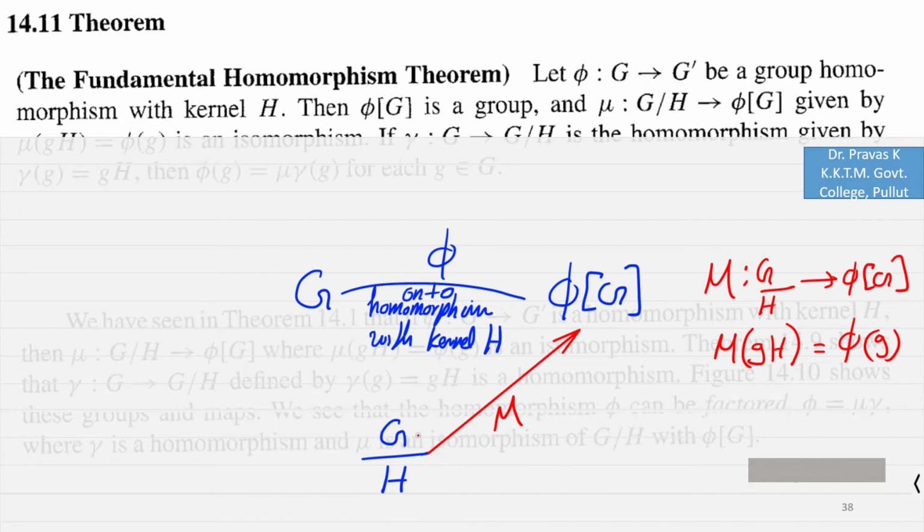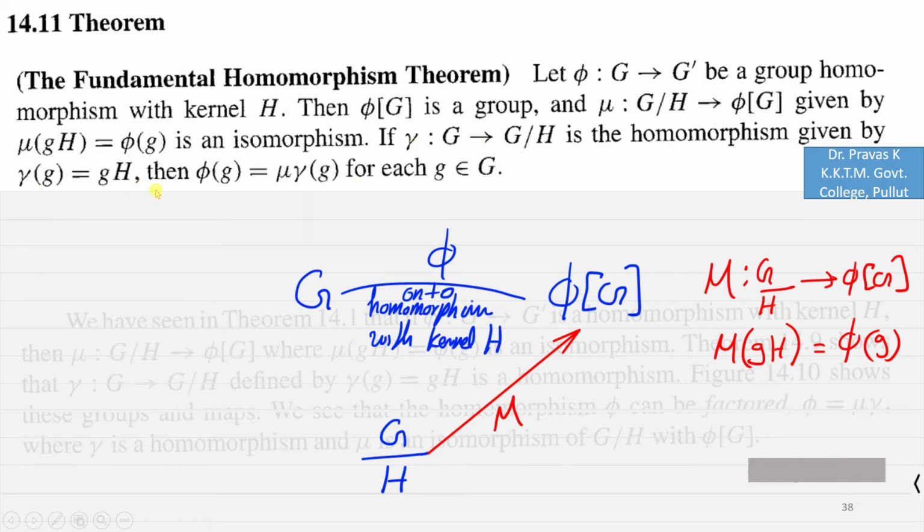Now by the previous theorem, we can see that there is a map from G to G over H, and it is a homomorphism gamma with the kernel H, and that takes the element small g in capital G to the element gH, which is taken to phi of g under the map mu.